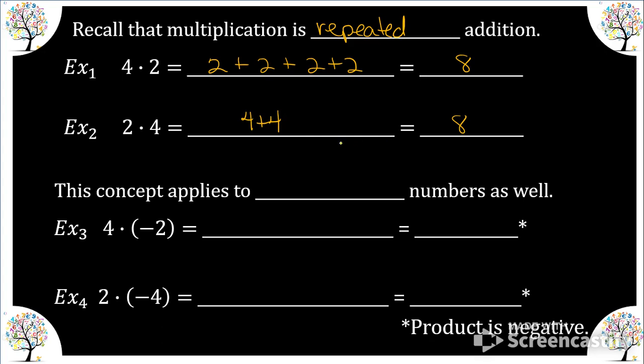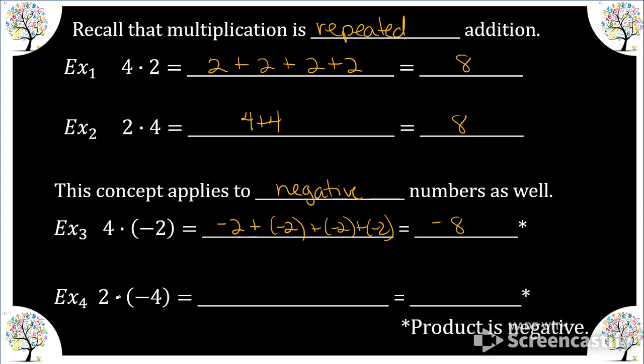So the concept applies to negative numbers as well. So here we have 4 times negative 2, so we have 4 groups of negative 2 being added together. And with our addition rules, when we are adding numbers that have the same sign, we add them up and apply the sign that they are.